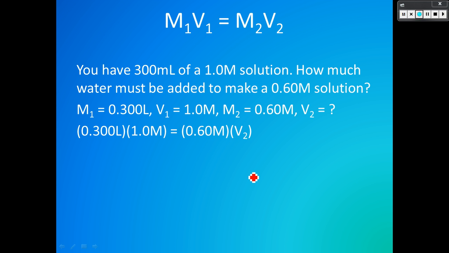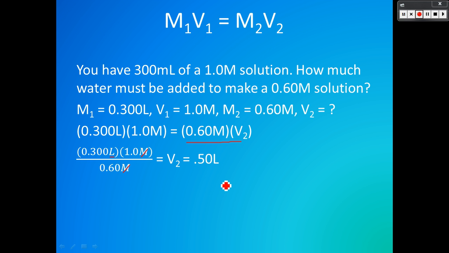So I'm going to divide both sides by 0.600 molar. So I get 0.3 liters times 1 molar divided by 0.6 molar. Notice my molar here, those are going to cancel out, so I end up with liters as my unit, and that is V2. And that, if I solve for it, is 0.5 liters.